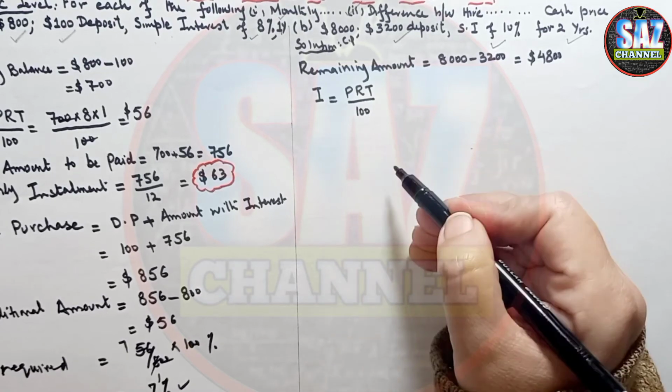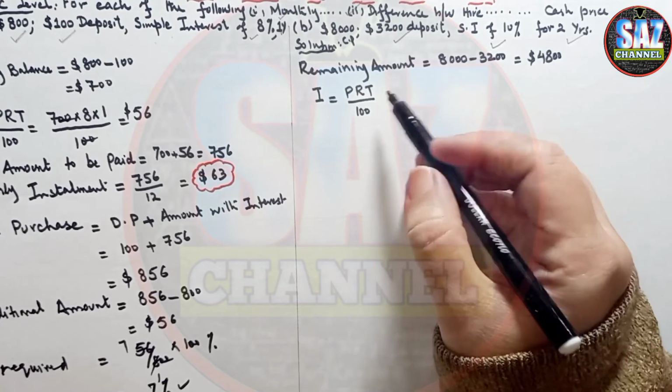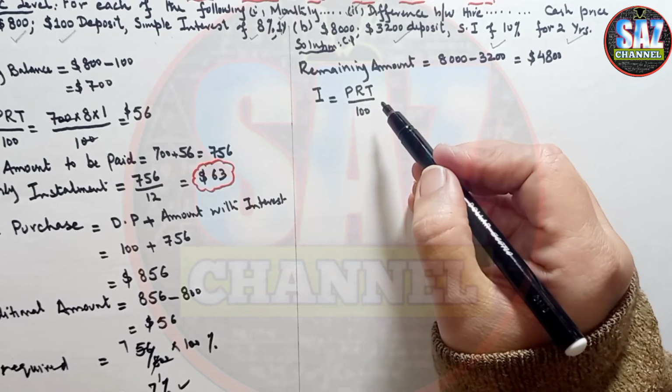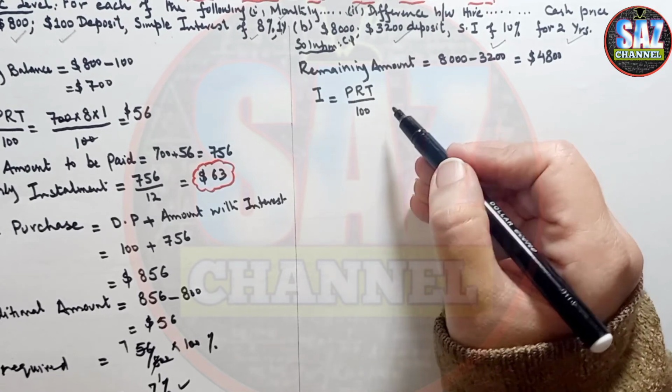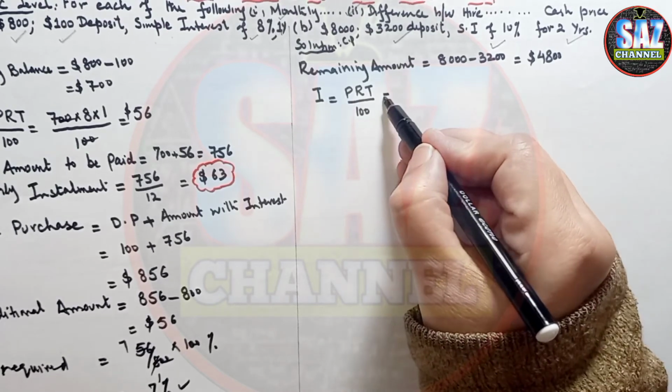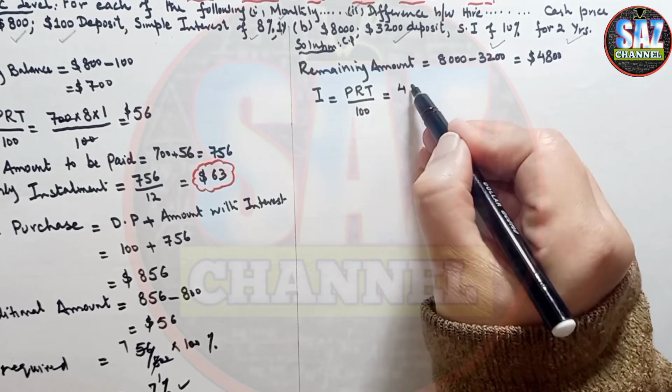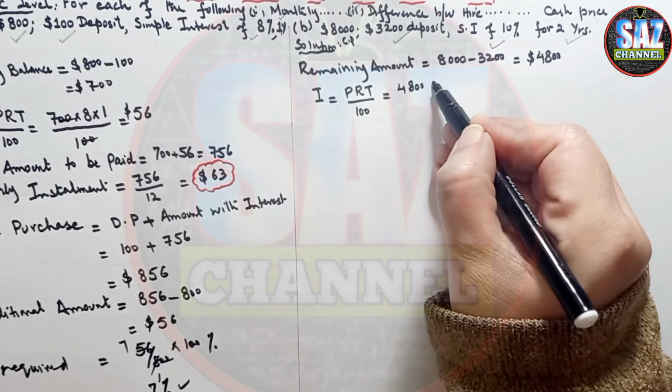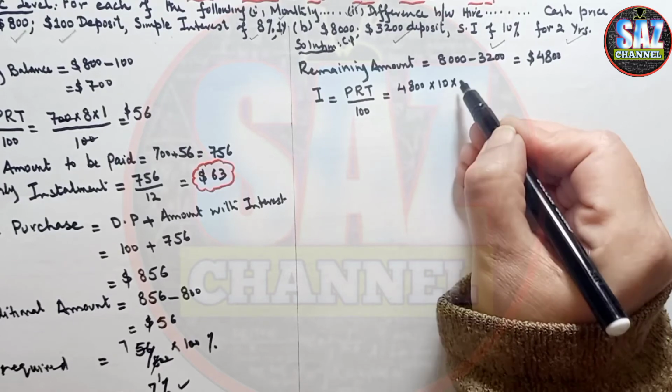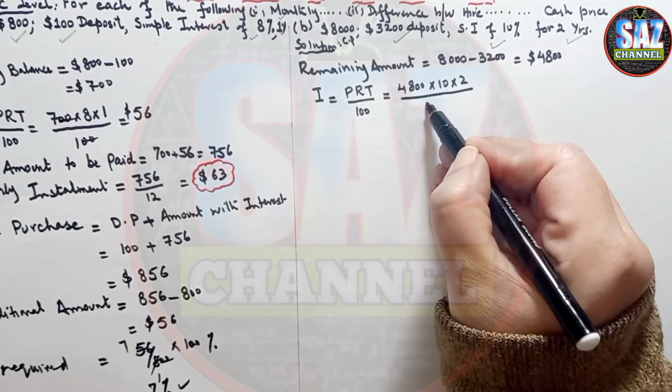Integrate your learning with the previous concepts. If you find any difficulty about how to calculate simple interest, you can watch the lessons of previous exercise. Now we have to replace the value of principal 4,800, rate is 10% and time is 2 years upon 100.